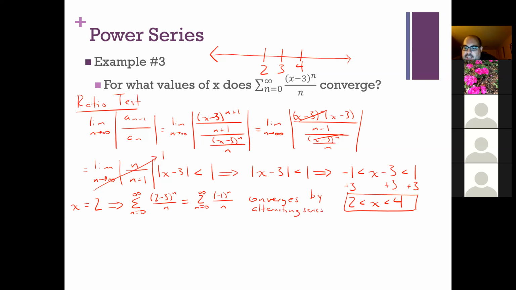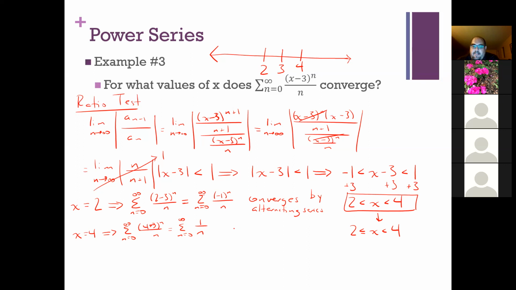So now what I know is this. I'm going to leave the other one there, but now I can change the interval: if x is greater than or equal to 2, it converges. Now we just have to look at 4. So when x is equal to 4, I have the series of 4 minus 3 to the n over n, and that's just going to come out to be 1 over n.